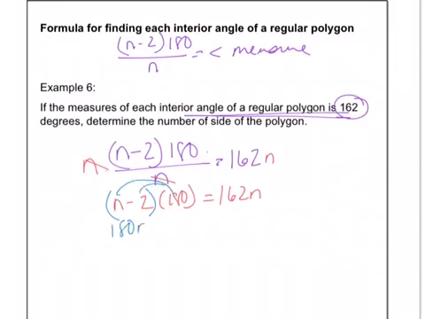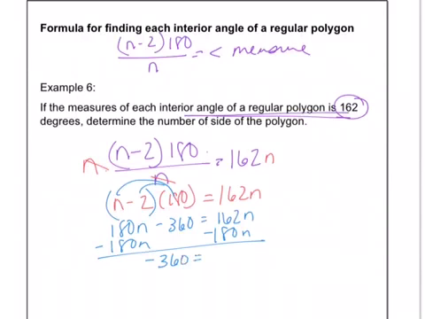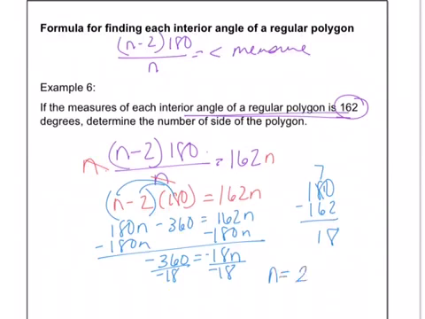So I have 180n minus 360 equals 162n. I need to get my n's on the same side. So negative 360 equals, if I subtract 180 minus 162, I would get 18, and that's negative. Take the sign of the bigger number. Divide by negative 18. So n would equal 20 sides.